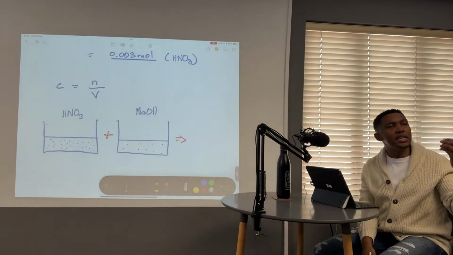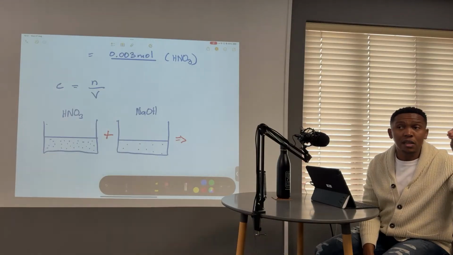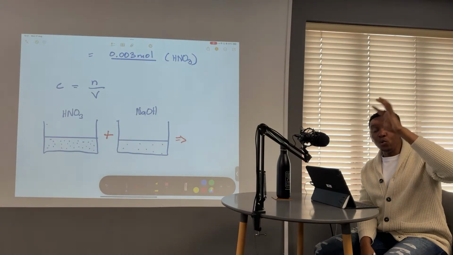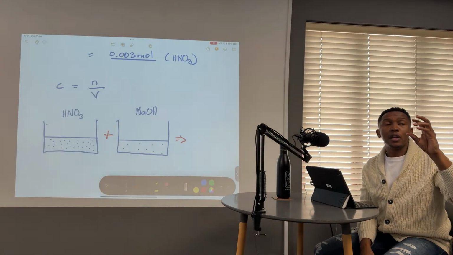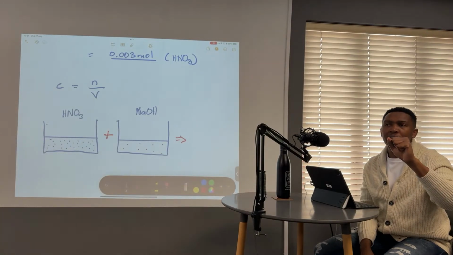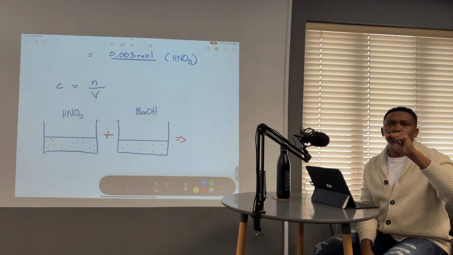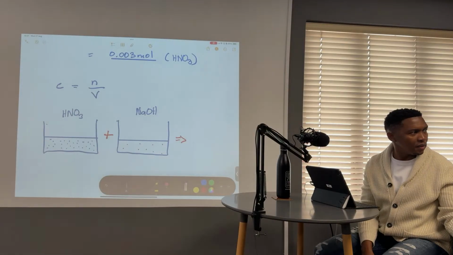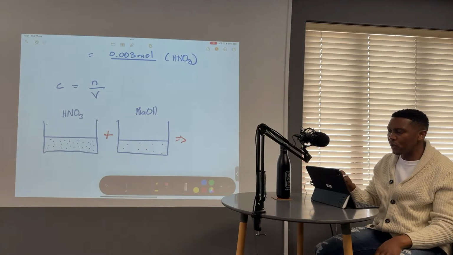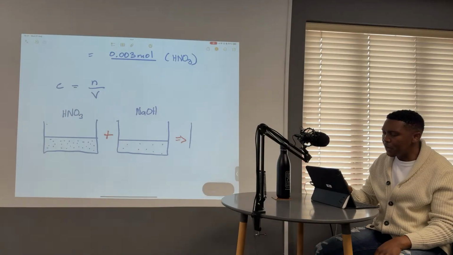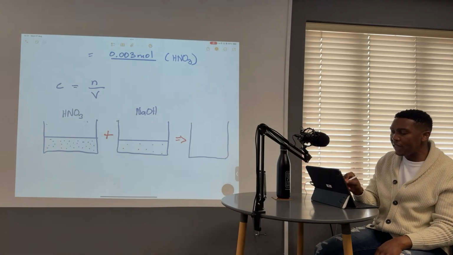Now, imagine if the red particles and the blue particles, when they react together, give us an invisible particle. What's going to happen? Because I've got more blue than red, now I add these two together.